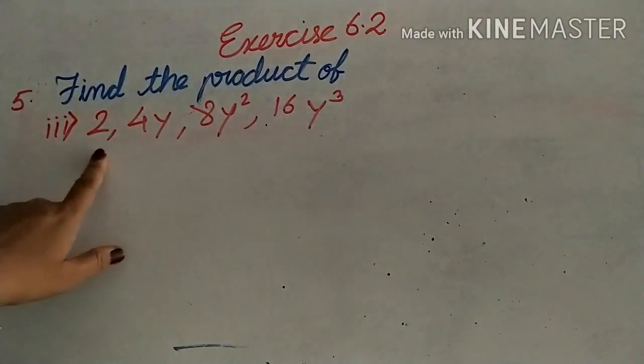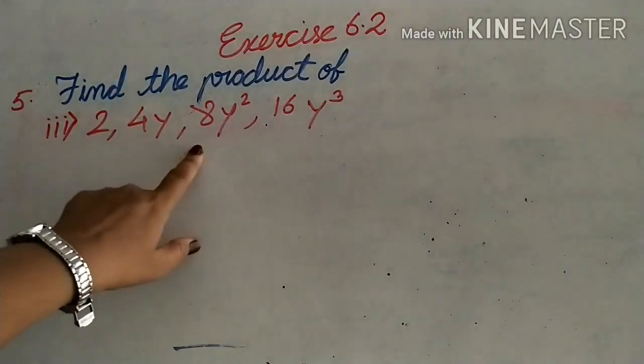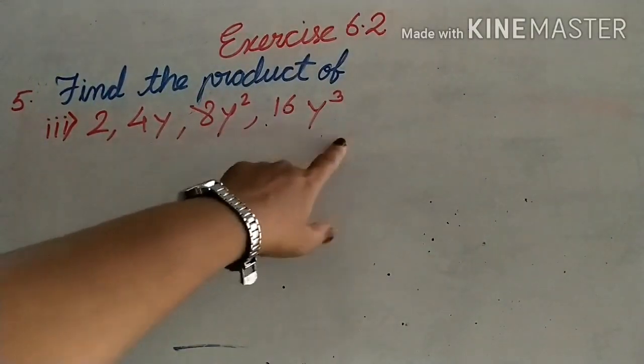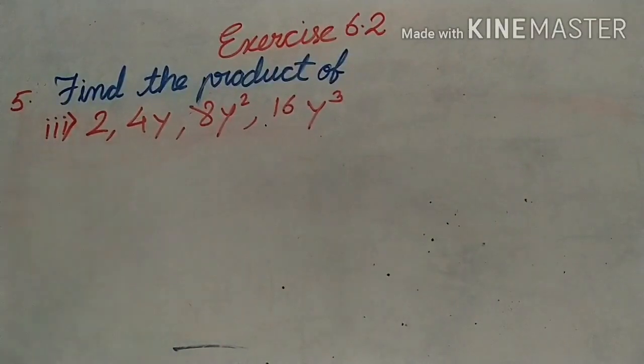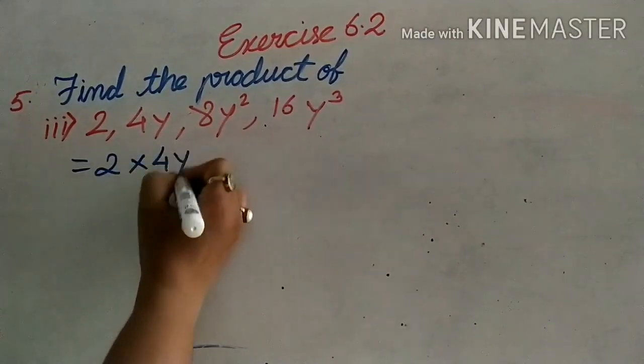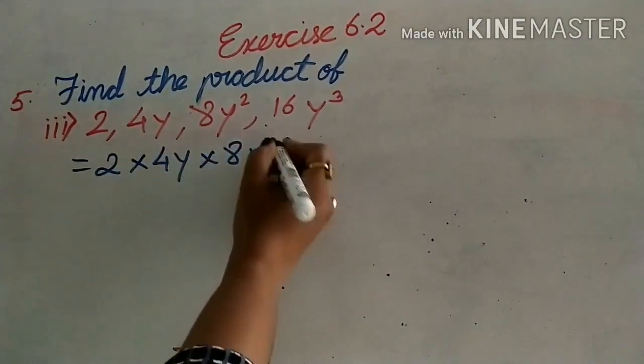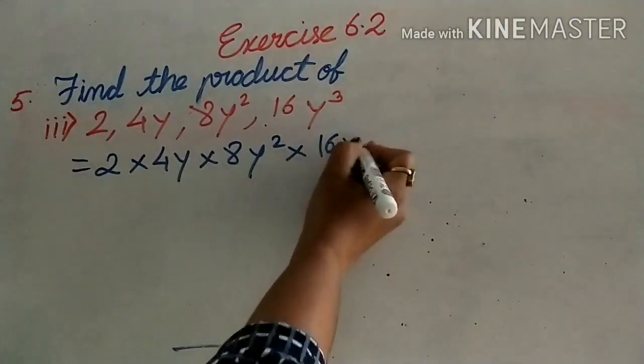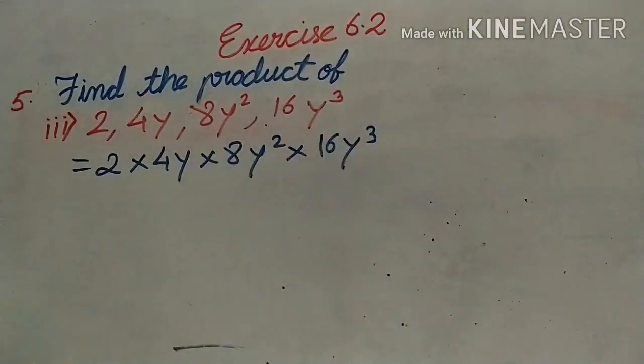Third one, 2 comma 4y comma 8y square comma 16y cube. So here we'll write is equal to 2 into 4y into 8y square into 16y cube. Now what we'll do?